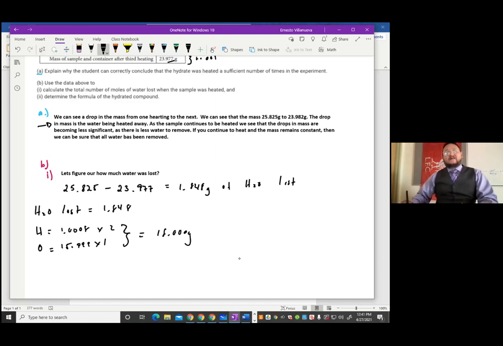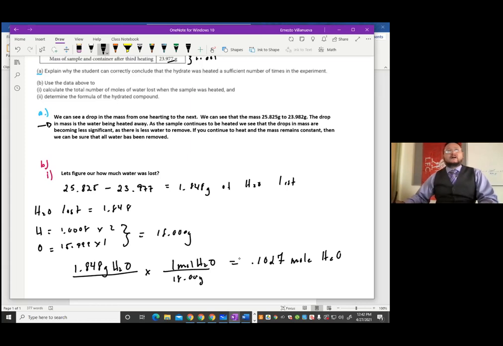So if we have 1.848 grams of water, and I know that 1 mole of water has a mass of 18 grams, then I should end up with 0.1026, well, 1.027 moles of water.